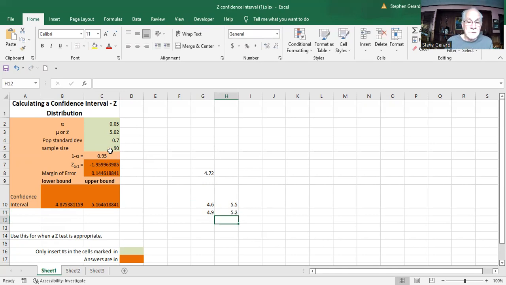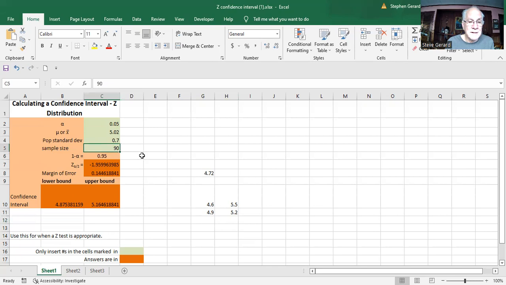If I'd had a sample of 90 and I got 4.72, my confidence interval would be much smaller. As sample sizes increase, confidence intervals get smaller because you can have more confidence. You can trust more in a large sample to be unbiased than you can in a small sample.